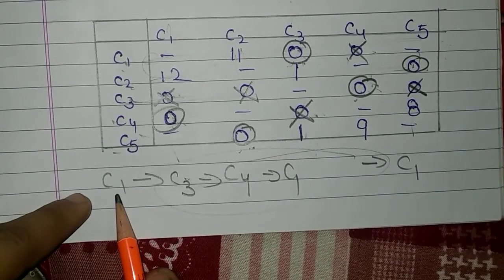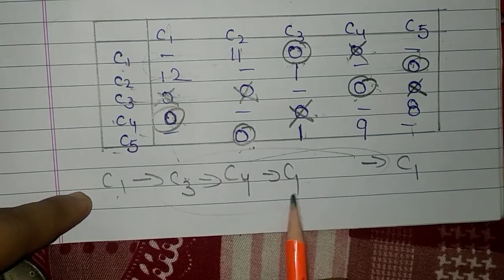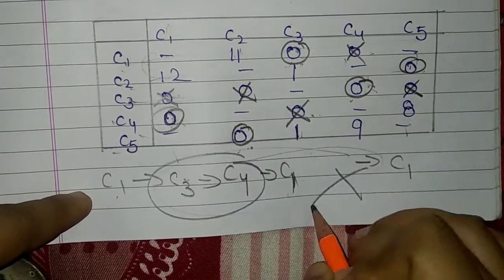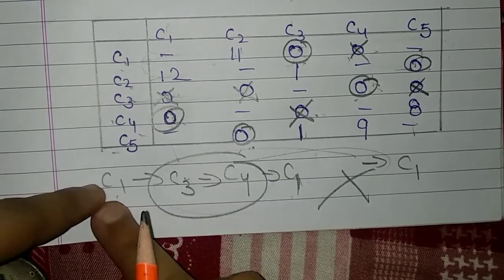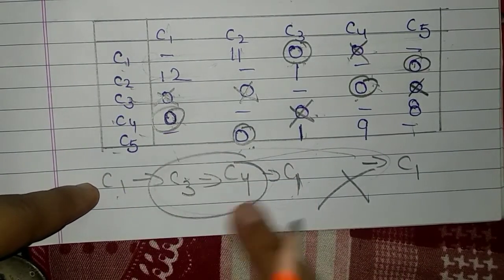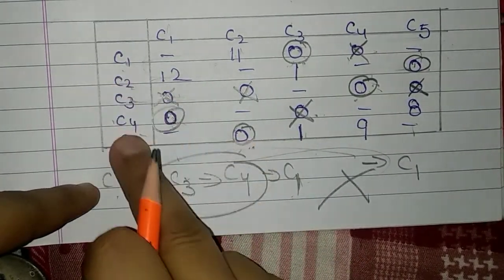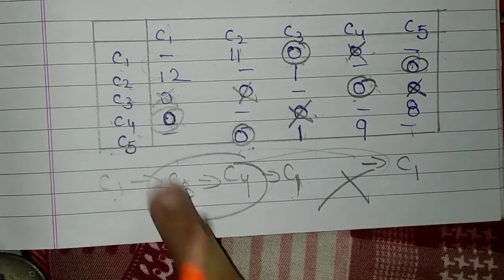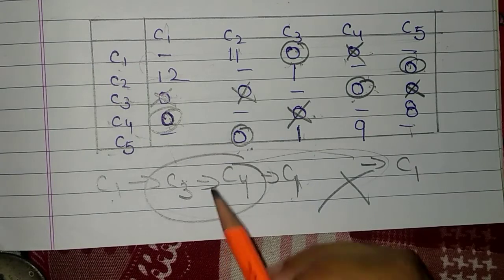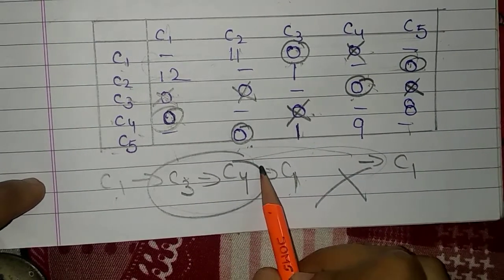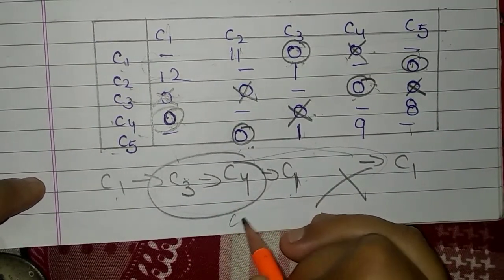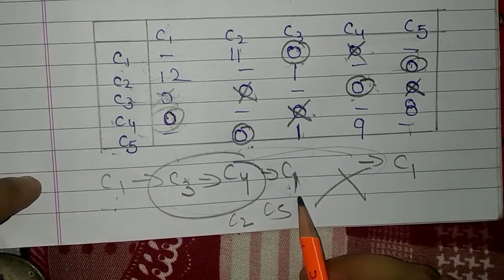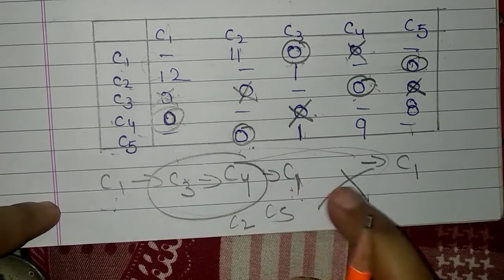We can start from C1 and finish at C1, but this path is not correct because we cannot cover all the cities. Here C2 is missing and C5 is missing, so this solution is not accurate.